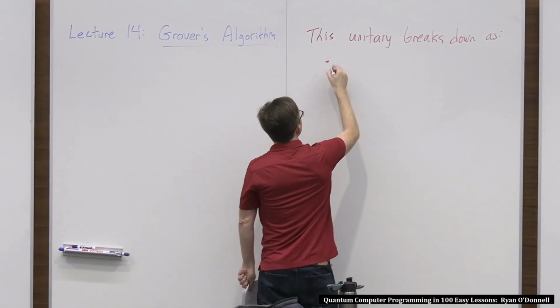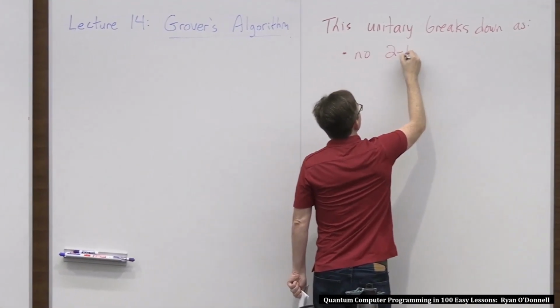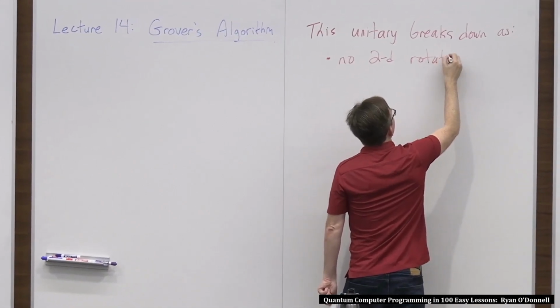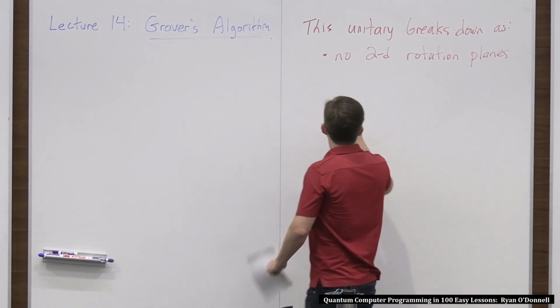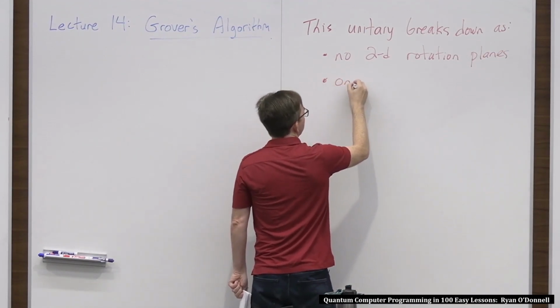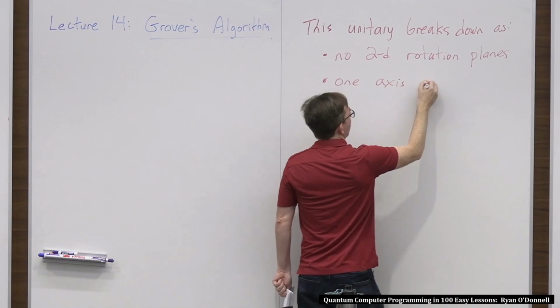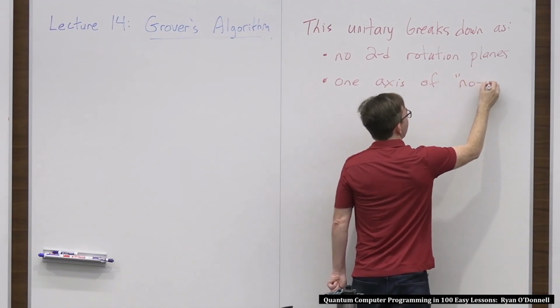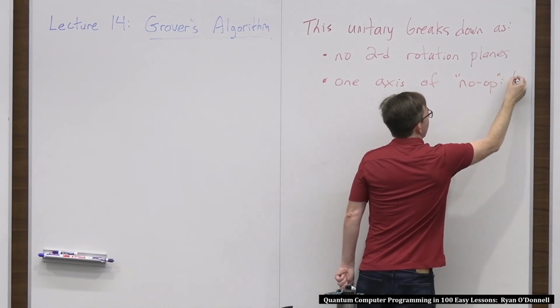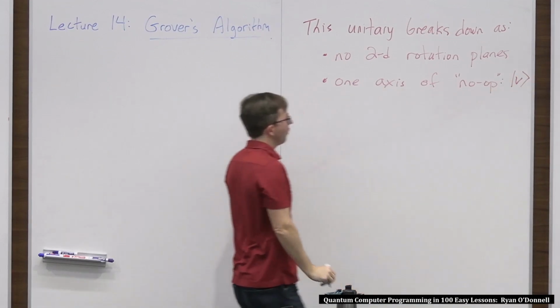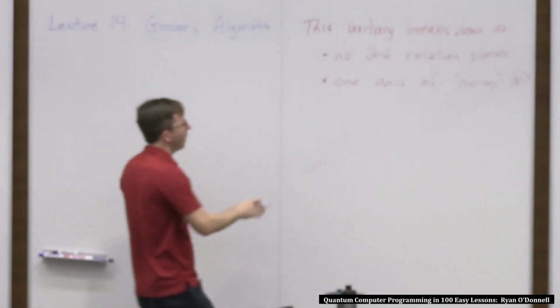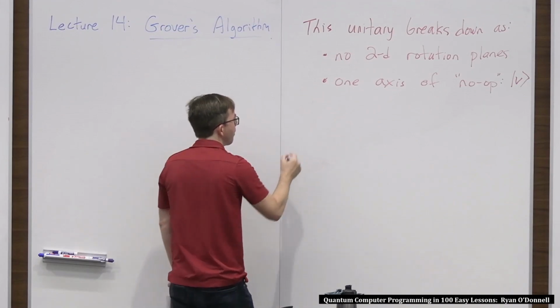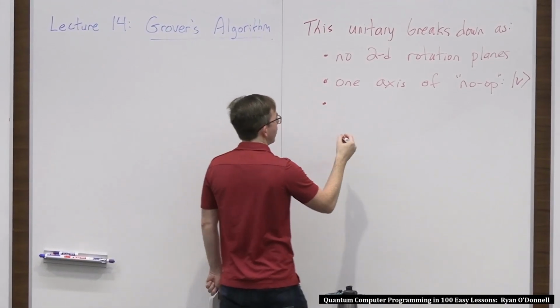There's no rotation going on in this thing. And it has one axis, or one direction, where it does nothing. Call it one axis of no-op, which is v itself. Okay, that stays fixed. Or if you really love linear algebra, this is an eigenvector with eigenvalue 1. But I'll just call it the direction in which nothing happens. And then all the other directions get negated.